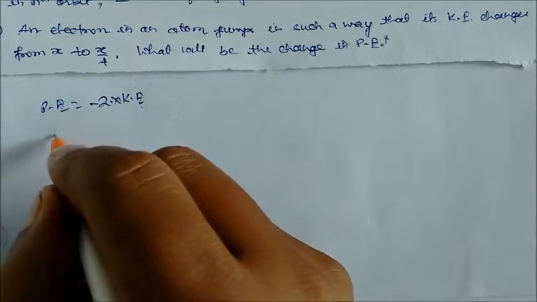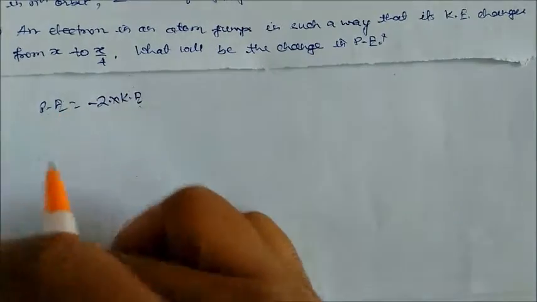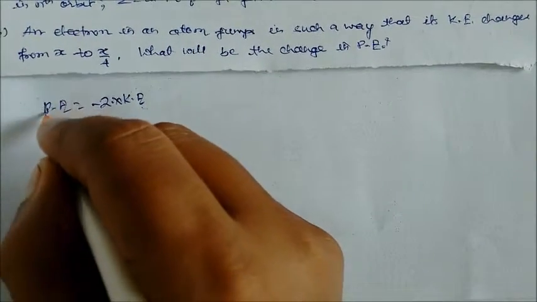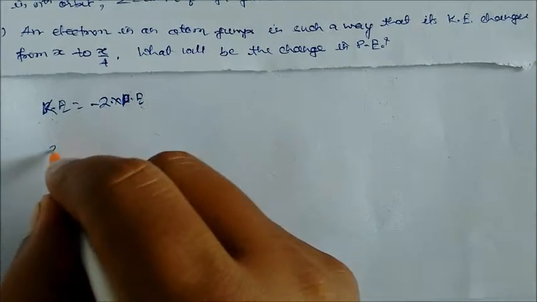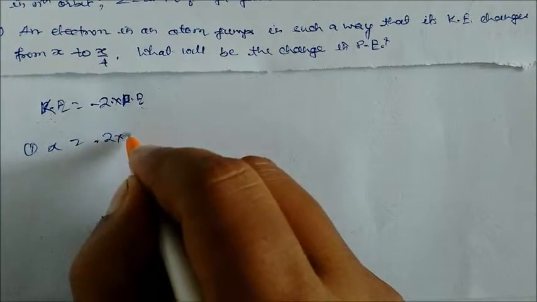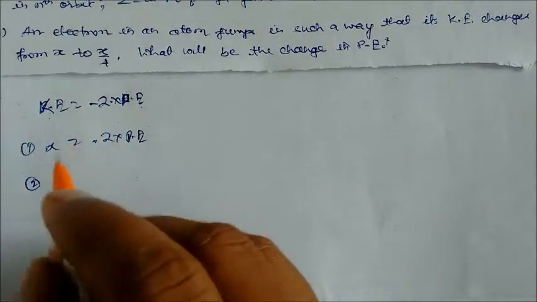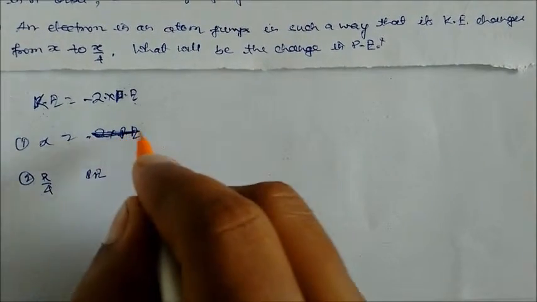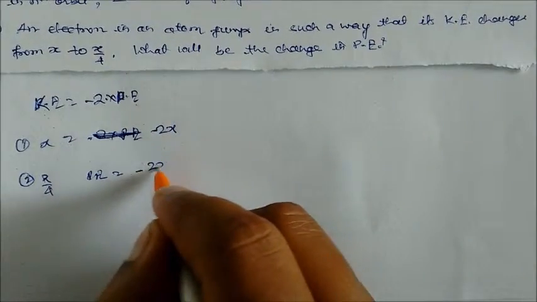In the first case, kinetic energy is given as x, so the potential energy will be minus 2x. In the second case, if kinetic energy is x by 4, then potential energy will be minus 2 into x by 4.